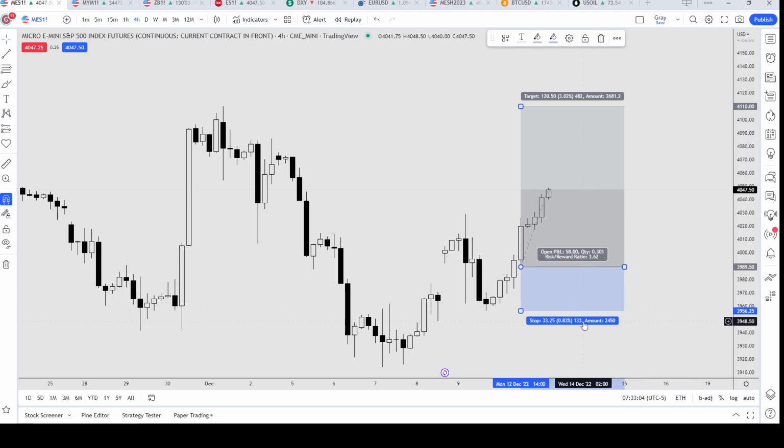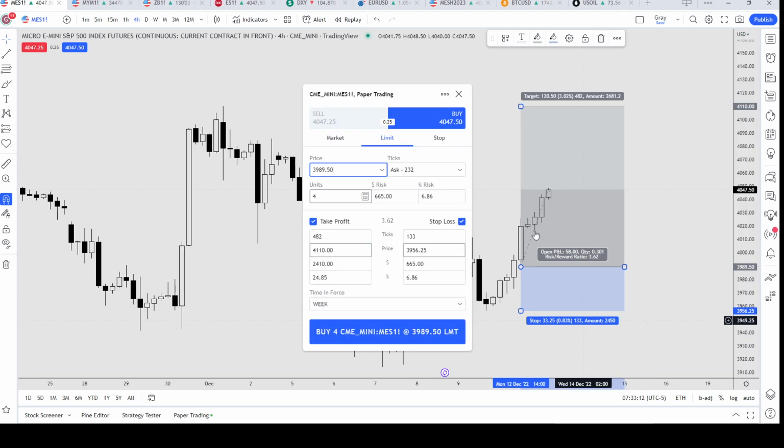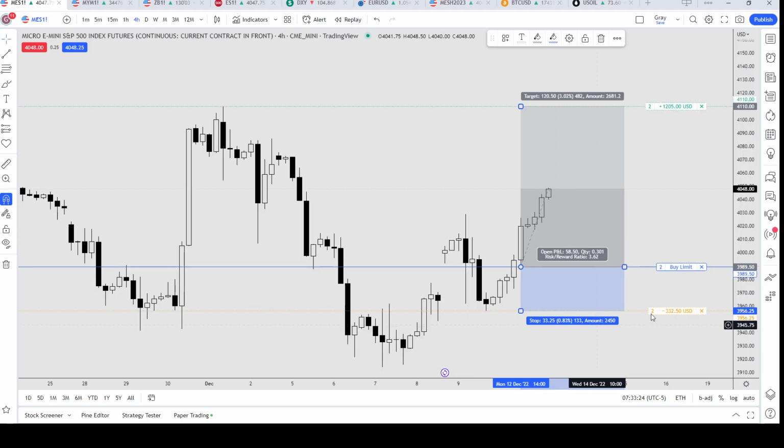Not sure if it wants to move down to this level here, but it would be interesting. So I'm just going to create over here, buy 2 contracts. I want to see how much slippage I have if I'm to be stopped out.